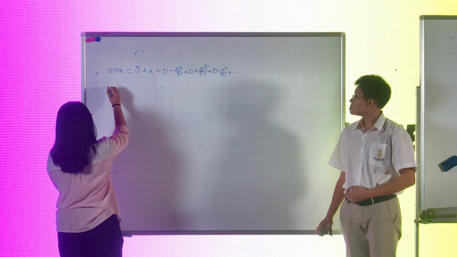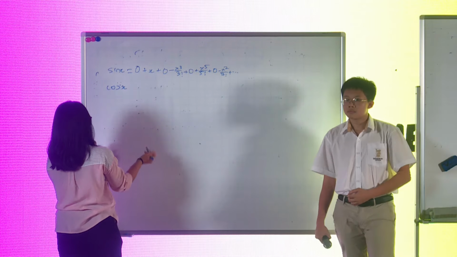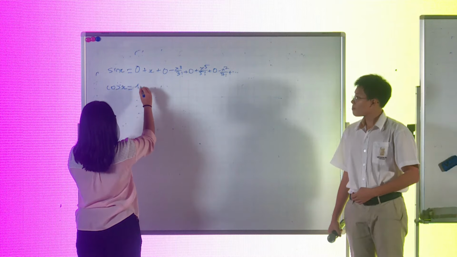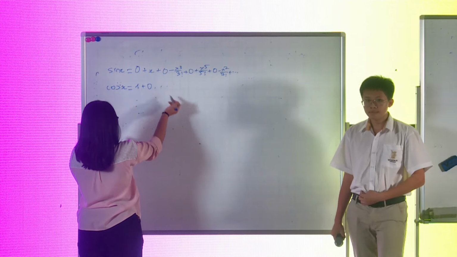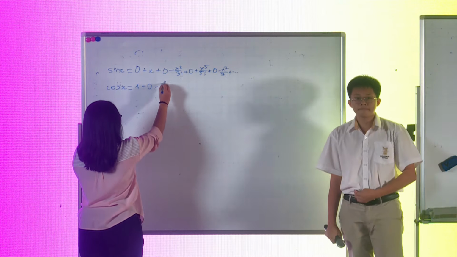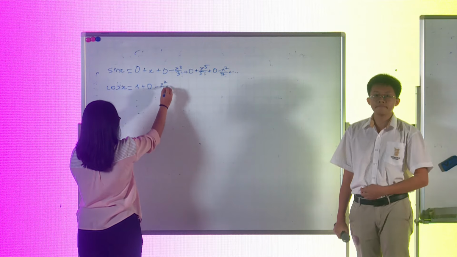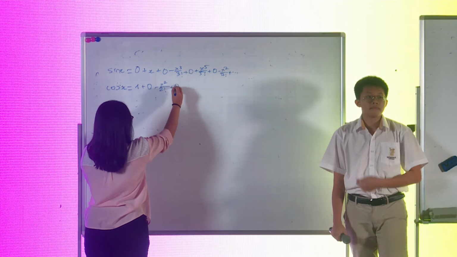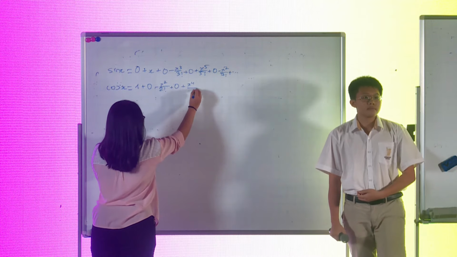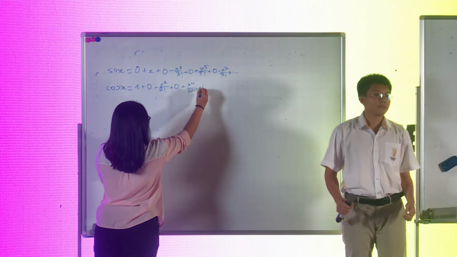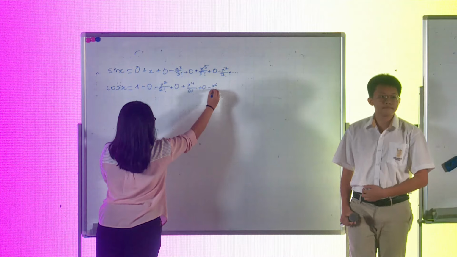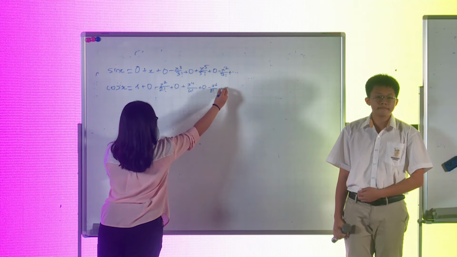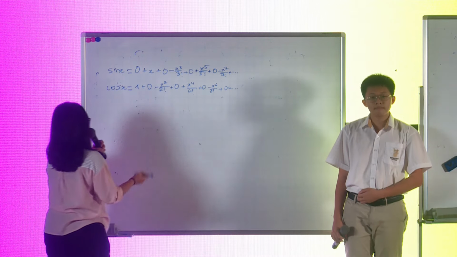And then cosine, since it starts with b, the first term will be 1, and then it will be 0. Then it will be minus x to the power of 2 over 2 factorial, plus 0, plus x to the power of 4 over 4 factorial, plus 0, then minus x to the power of 6 over 6 factorial, and then plus 0, and goes on like that.